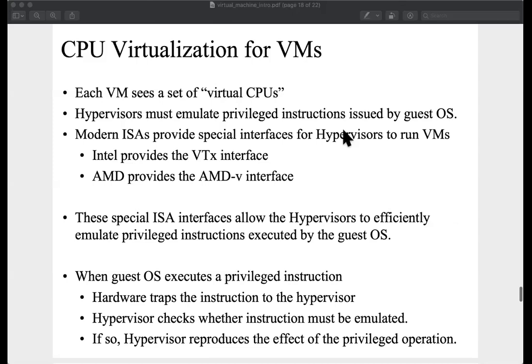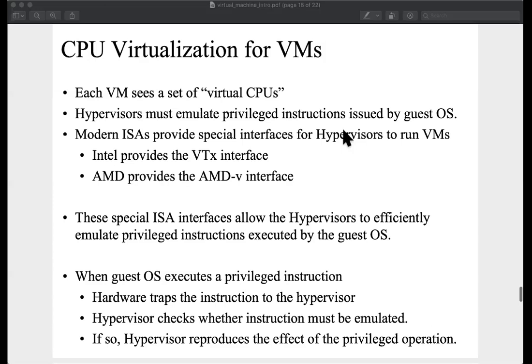They should have similar properties as physical CPUs. They should be discoverable by the guest operating system in the VM, and the guest OS should be able to manipulate and control these virtual CPUs just like a regular physical CPU. So we want to maintain as much of the physical properties as possible in the virtual CPU abstraction.